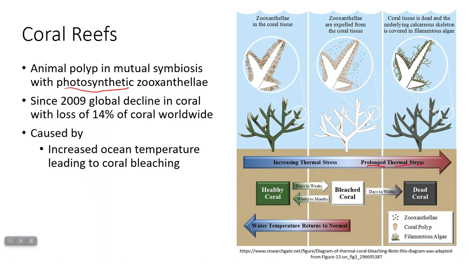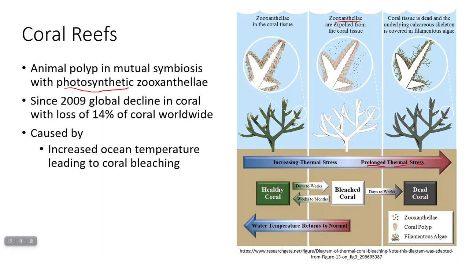These zooxanthellae create the colors that we see in corals. That's what makes them whatever color they are. But as the temperature gets higher and the coral becomes stressed out, they expel the zooxanthellae, which are released into the water, and that causes the corals to start turning white.